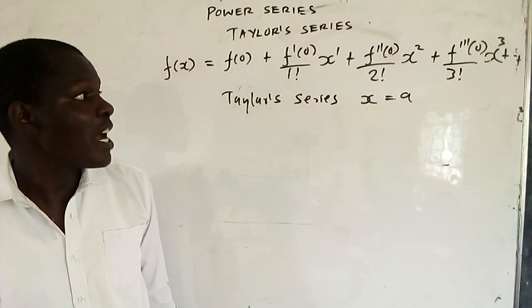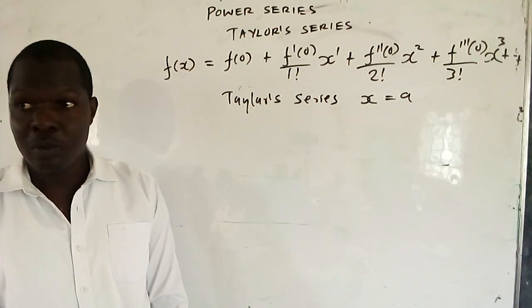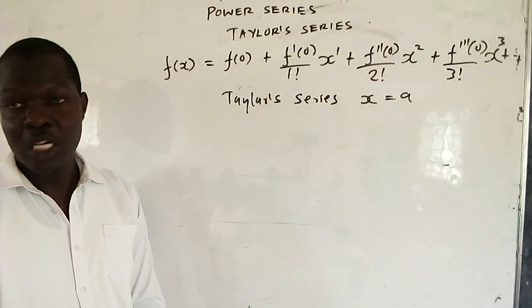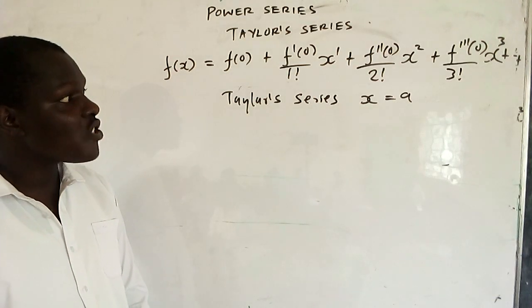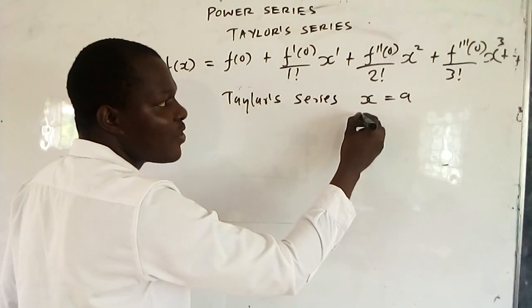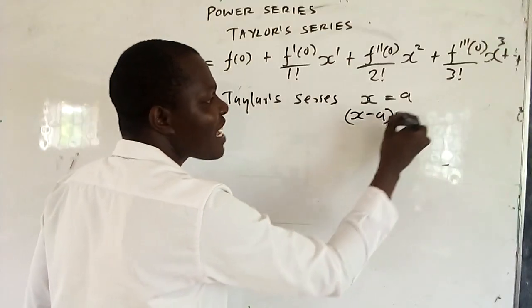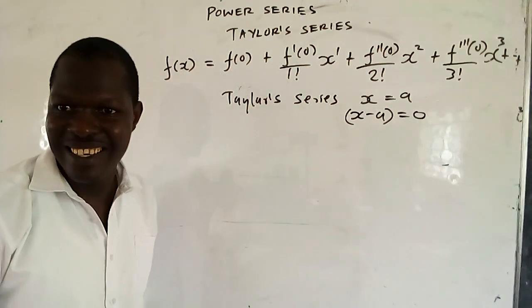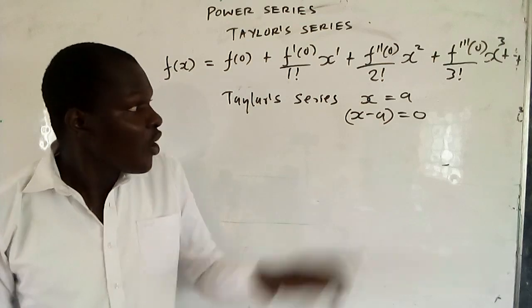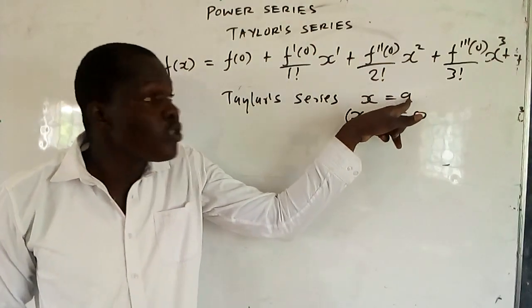It is used to expand a function at the point when x is equal to a. So when you look at this, when x is equal to a, what does this imply? This implies if you bring a to this side of the equation, then you get x minus a to be equal to 0. Are we together?